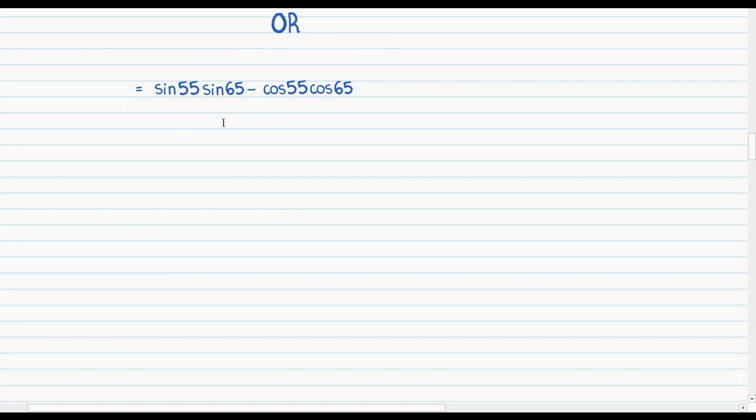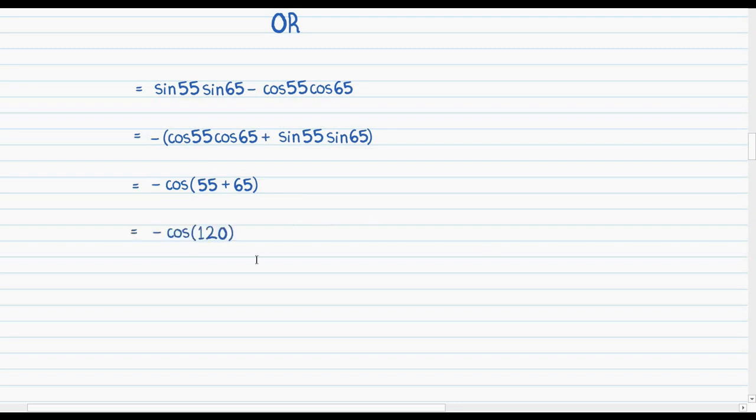And if you take the negative outside the bracket, you would get negative cos 55 cos 65 plus sine 55 sine 65, which is as required for the form of the addition of two angles for cos, which in this case would be the addition of 55 and 65, giving a value of minus cos 120. Then what to do? This 120 can be rewritten in terms of 90 as 90 plus 30.